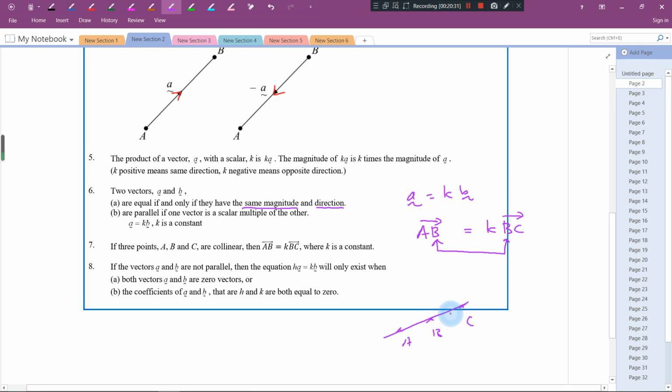They have the same gradient, and they have a common point. It means that AB and BC are connected together, so it's collinear. Every time the question asks you to prove they are collinear, first you write in this form. Once you write in this form, you can say they are parallel. And the next thing is to mention the common point. Now let's go to the last one. How about this one? I skip first, later on I go back to this.